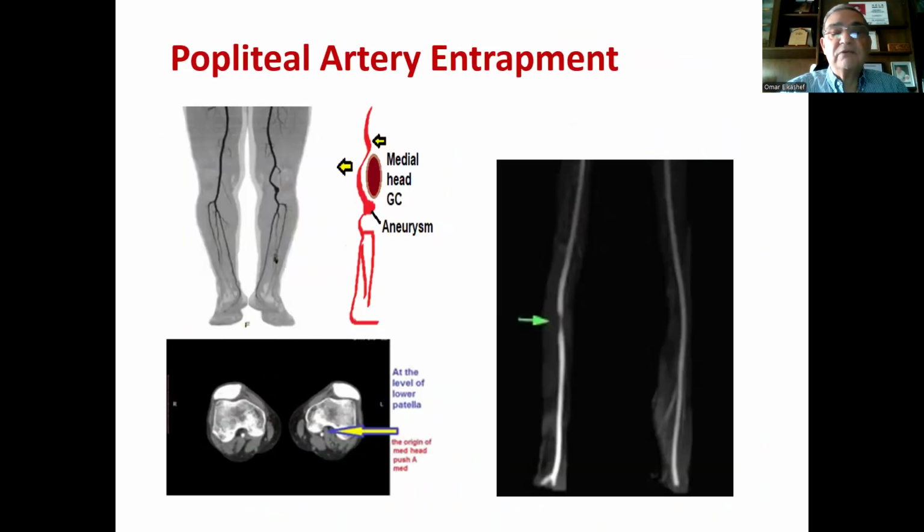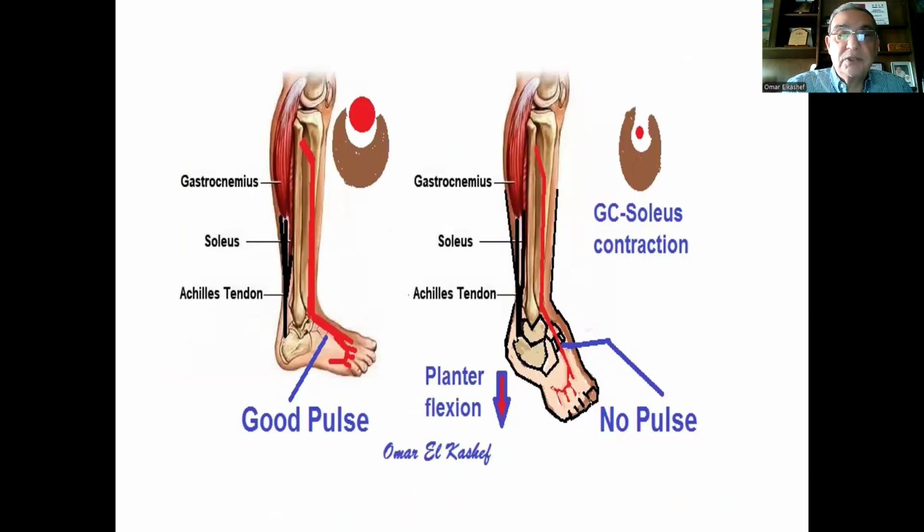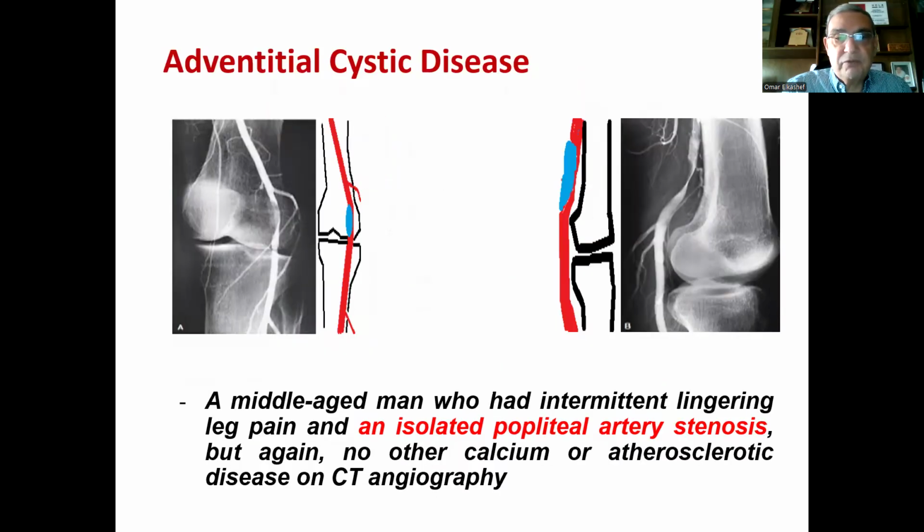Another conflicting cause may be popliteal artery entrapment, entrapped by the gastrocnemius muscle, causing stenosis. It is easily diagnosed by finding good pulsations with dorsiflexion of the foot, but these pulsations disappear with plantar flexion of the foot.